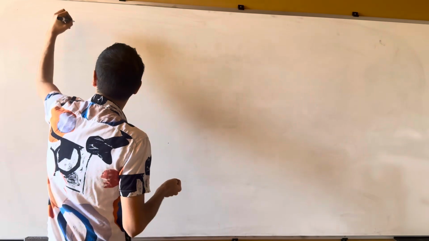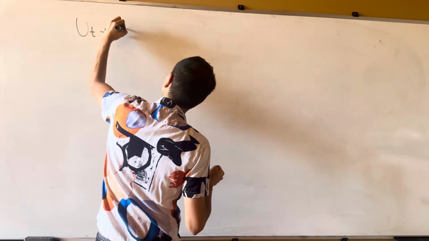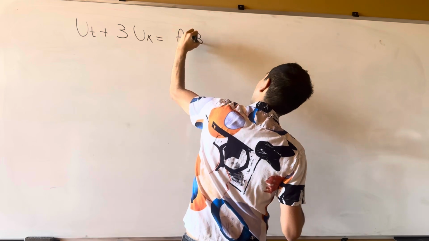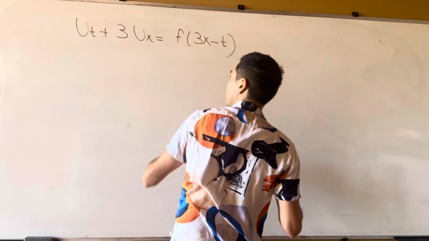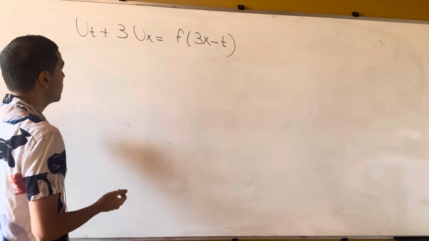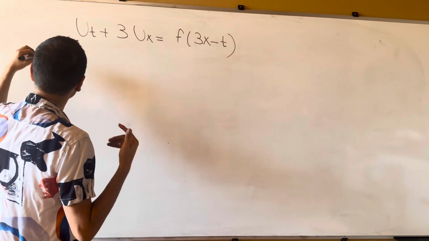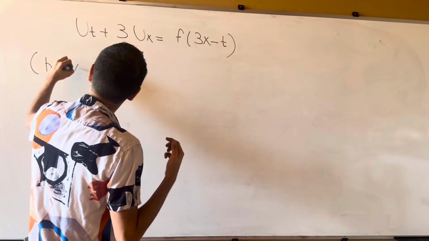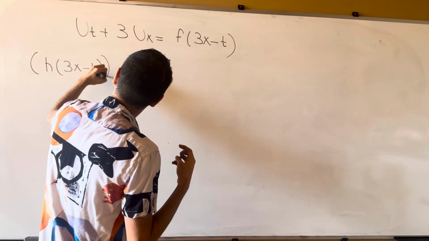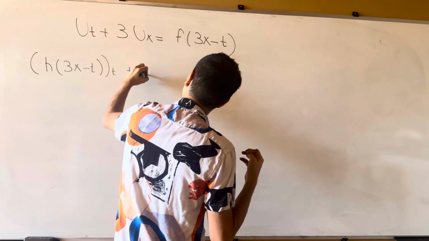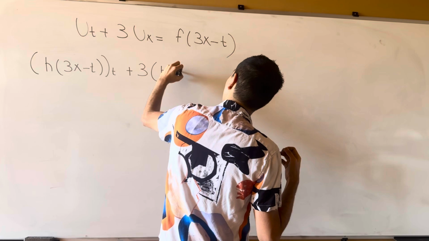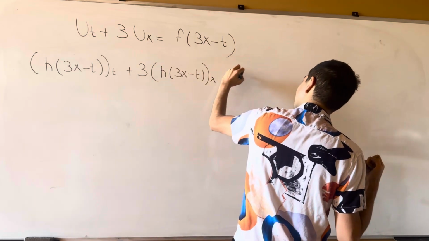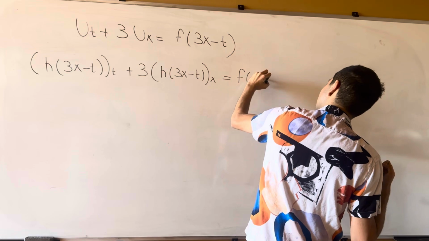So what we have is u_t + 3u_x = f(3x − t). And now let's plug in u equals h(3x − t). So the derivative of h(3x − t) with respect to t, plus 3 times the derivative of h(3x − t) with respect to x, is f(3x − t).